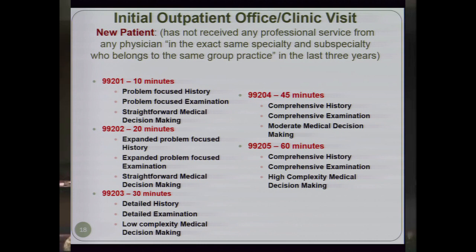Also notice that each level has criteria: problem-focused history, problem-focused exam, straightforward medical decision-making. This terminology is uniform between all evaluation and management services that you provide, and across all evaluation and management services, no matter what location of care you provide them in.